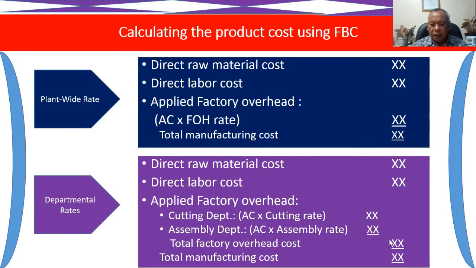And then we total; this is the total factory overhead costs. Factory overhead costs plus direct labor costs and direct raw material costs, we find the total manufacturing costs. This is if we are using functional based costing.